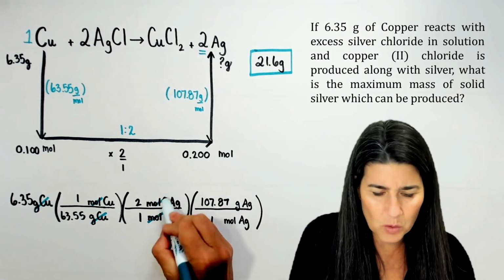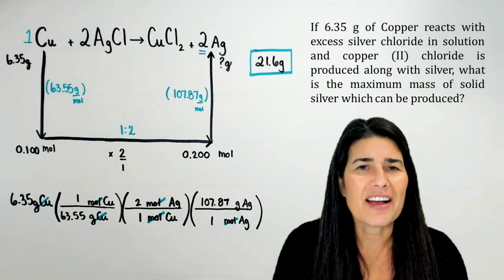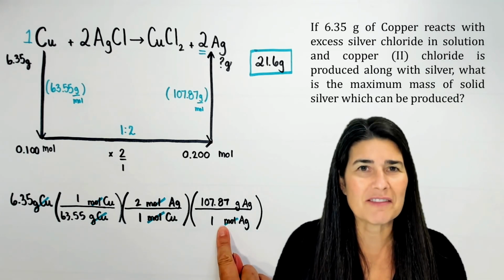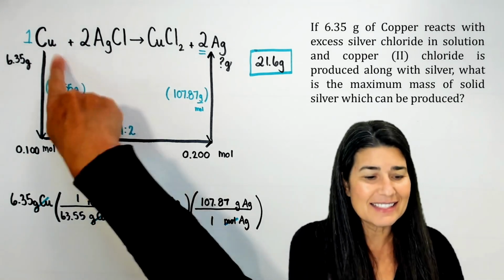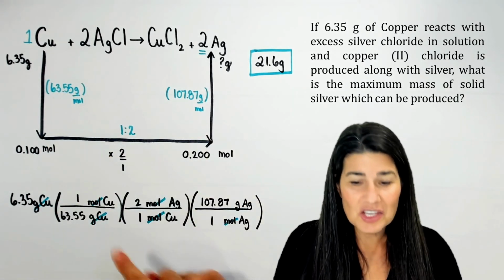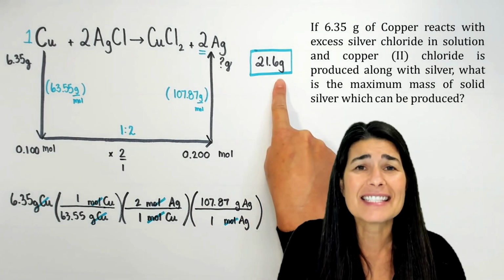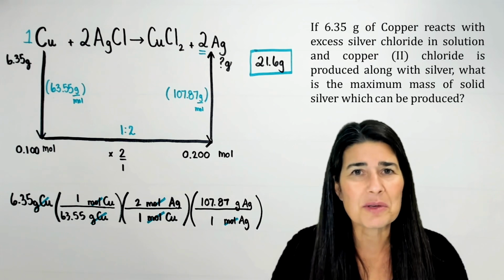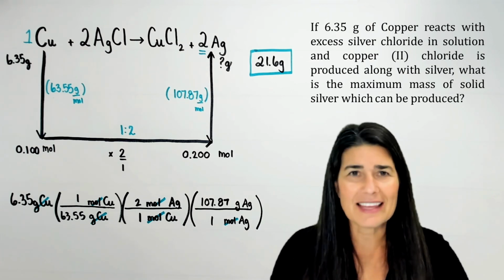That lets moles of silver cancel. Now, again, what did we do? We multiplied by 107.87. Yes, down is divide, up is multiply. Doing this, you would have gotten exactly the same answer, 21.6 grams. So regardless of how you do it, you're gonna get the same answer.